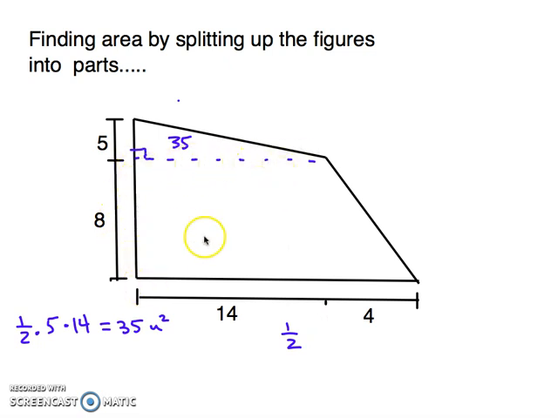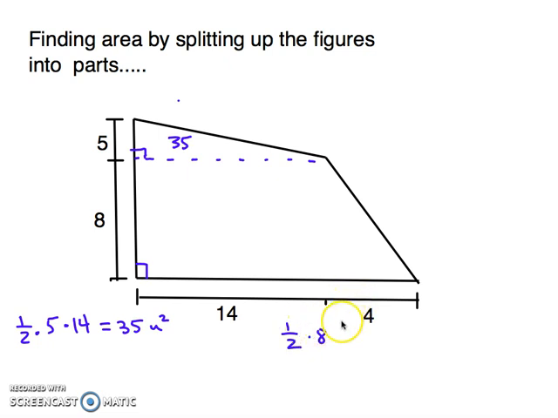So in this case, since we know our bases are here, this has to be our height. Here's our right angle, and here's our 90. So here's our height. Sometimes the height of a trapezoid is on the inside, and sometimes it's actually on the trapezoid. So our height for this one is 8. So we're going to say times 8.